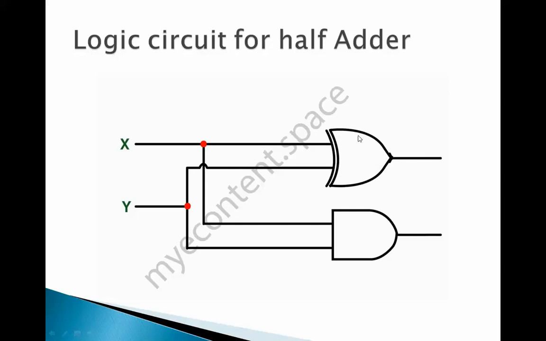The inputs to the XOR gate are X and Y and the inputs to the AND gate are X and Y. That means this is the logic circuit for the half adder. So this is how we design a combinational logic circuit following certain procedures or steps. So thank you.